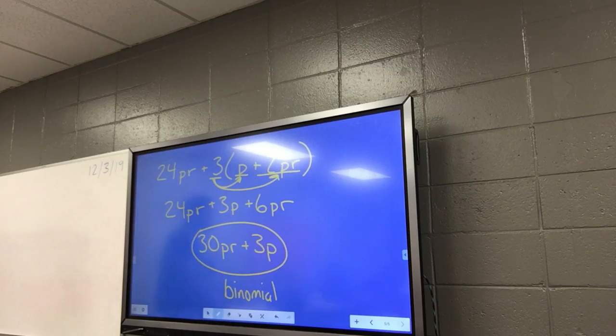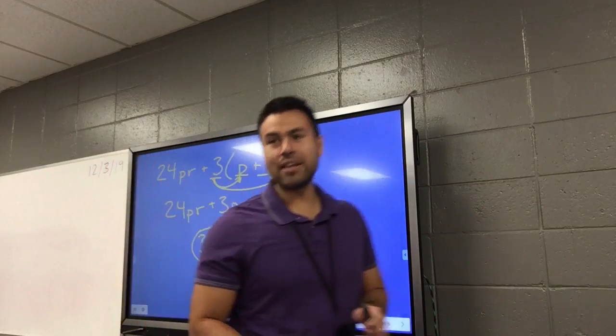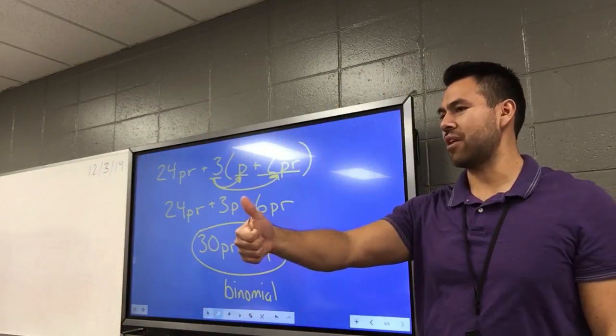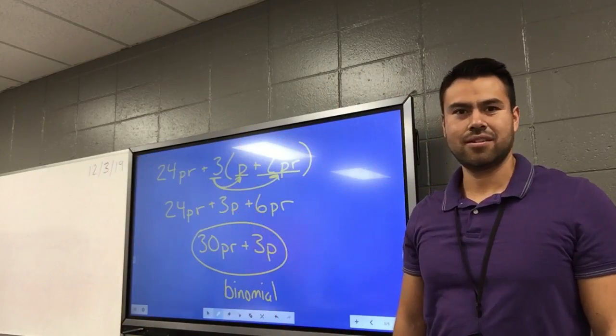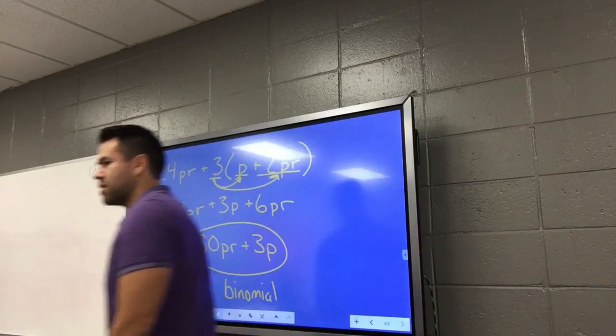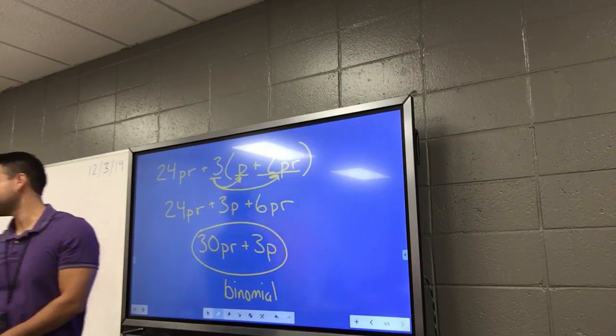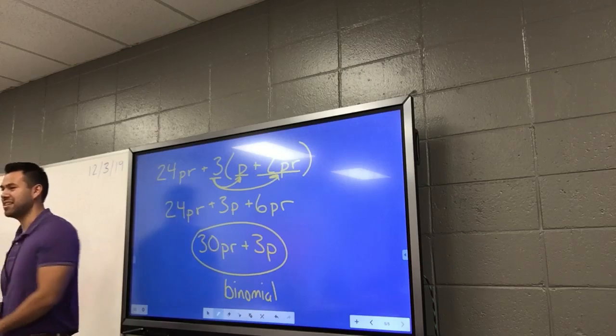Is it an emergency? Please go. You guys see how many people got it right? Put a thumb up on your desk if you got it right. It's okay, he's good. 16 of you.